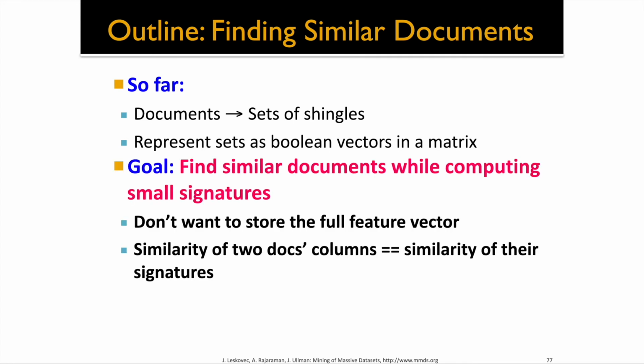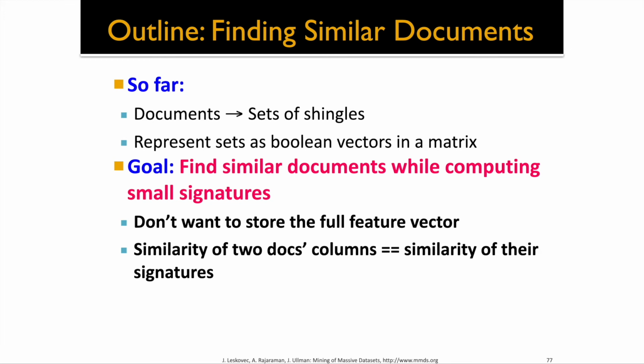And what we want to do is find pairs of documents that are similar, while computing only small signatures. We don't want to have to store the full set of shingles for everything, because that might be too memory intensive.